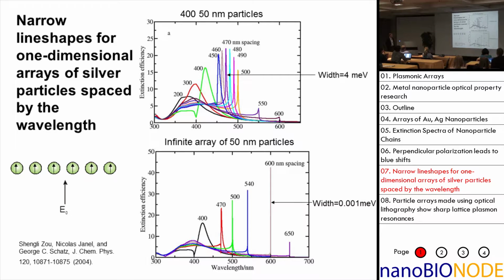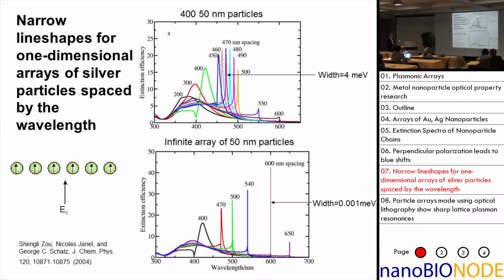All right, so something that we just did in this series of studies was to say, well, suppose that the particles were separated by the wavelength of light. Okay, what does that lead to? Okay, so it turns out that when you look at the extinction efficiency of these silver particles, then you discover that in addition to the plasmon resonance of these particles at about 400 nanometers, there's an extra peak that shows up in the spectrum that corresponds to the wavelength equal to the array spacing in the case where the array particles are in vacuum.